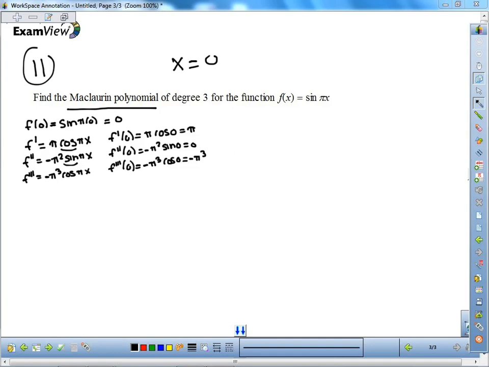So my polynomial, or Maclaurin polynomial, is going to be 0 plus pi x plus 0 times x squared over 2 factorial. I just like to put the 0 anyway because I like to go 0, 1, 2, and then the next one's going to be 3.